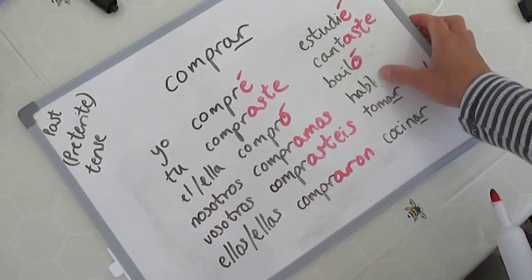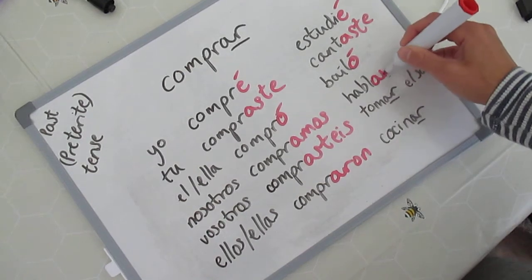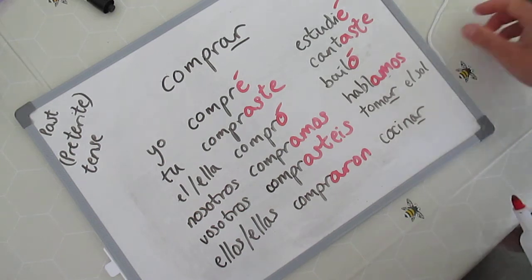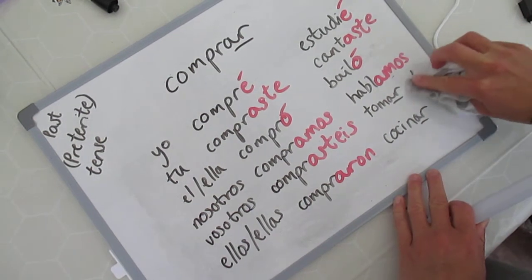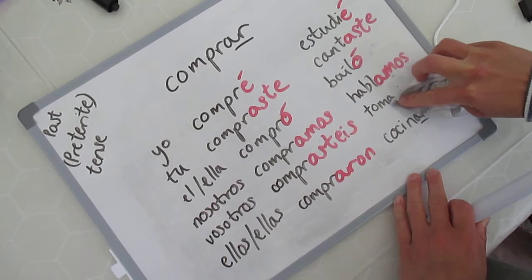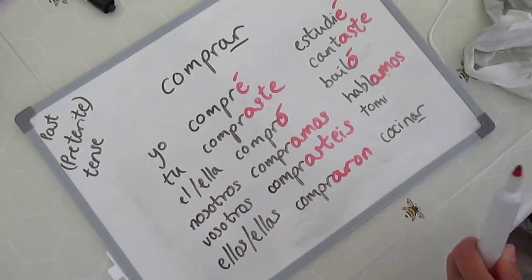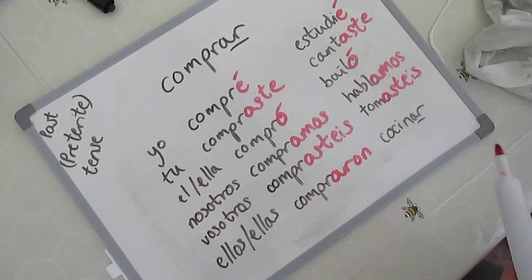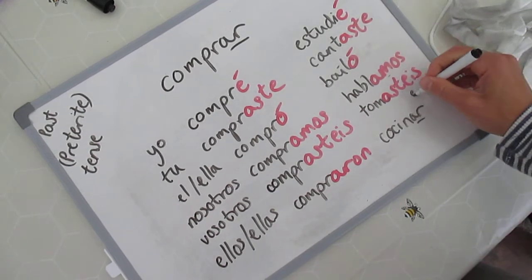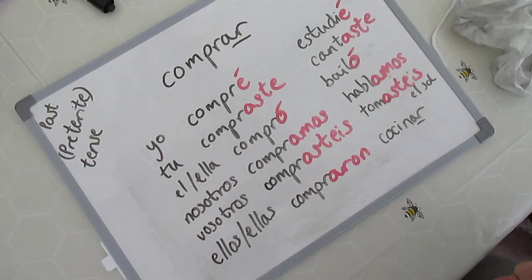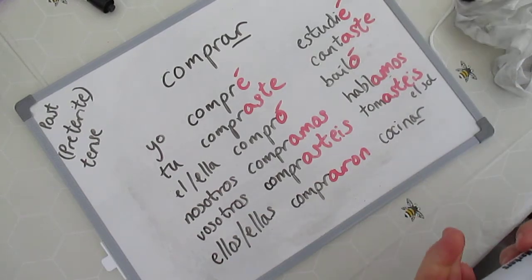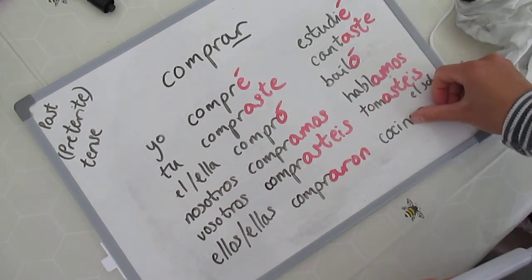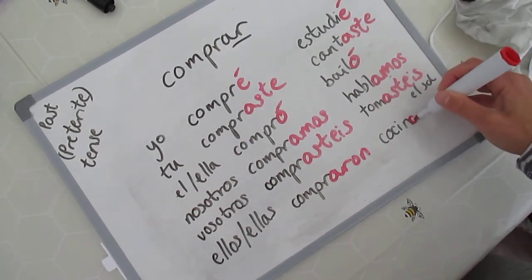Hablar, so we spoke, hablamos. For the one about sunbathing, so you all sunbathed, maybe yesterday you went to the beach and you all sunbathed, it would be tomasteis. And then for to cook, so they cooked, we would get rid of the AR and we would add aron: cocinaron.